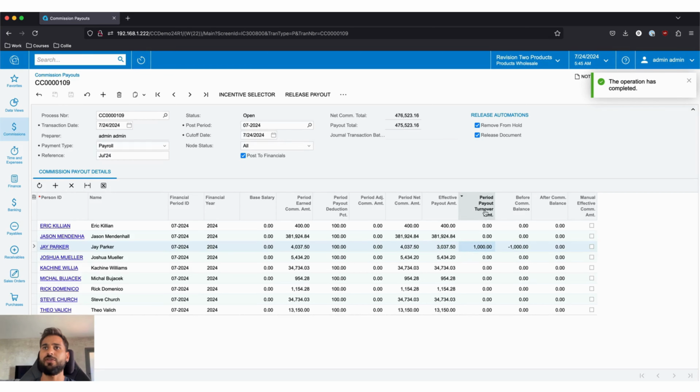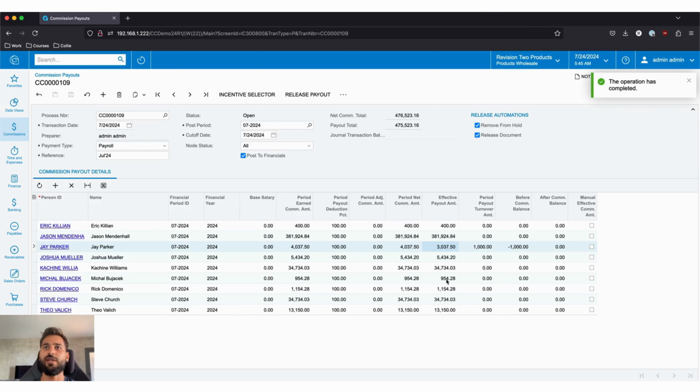By the end, we have now a turnover, okay? But this turnover is going to clean our after commission balance for Jay, okay? So in other words, we are paying him less money than he has earned because we gave Jay money in advance.